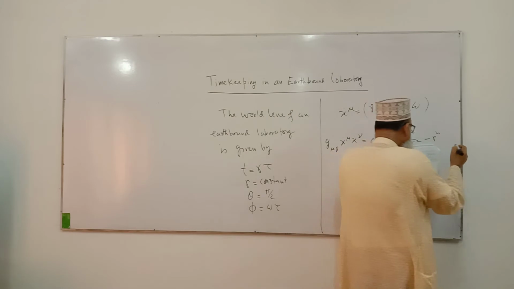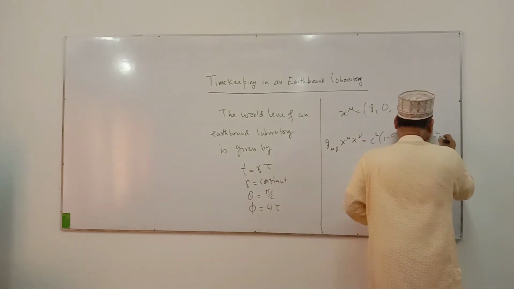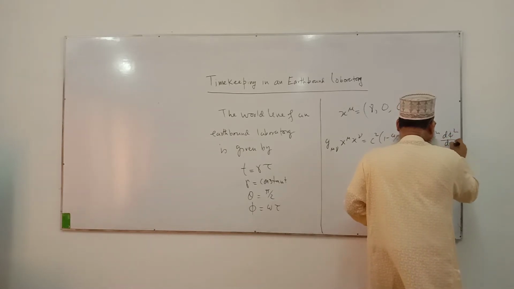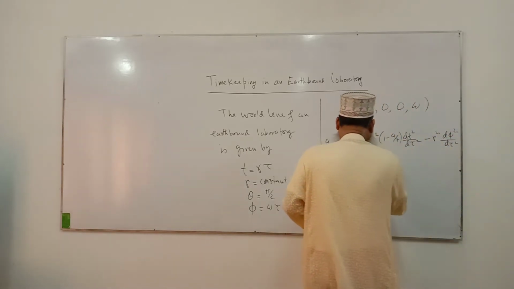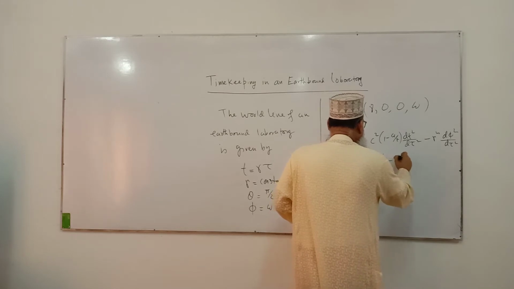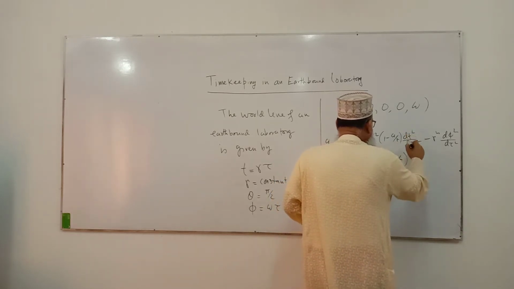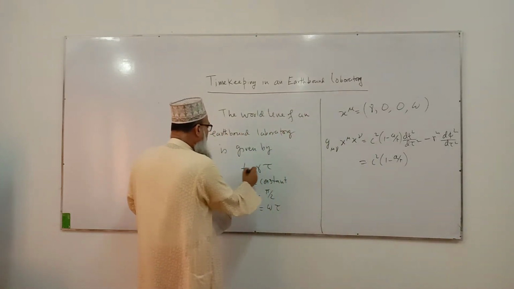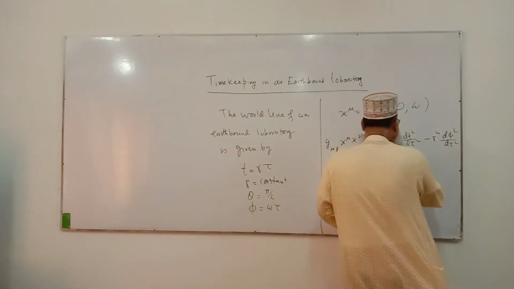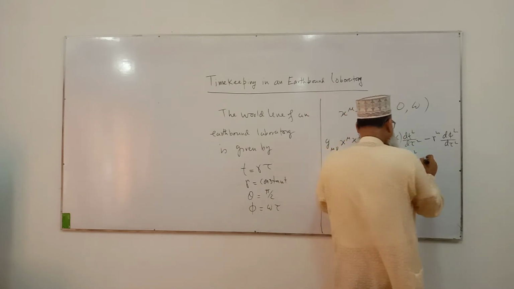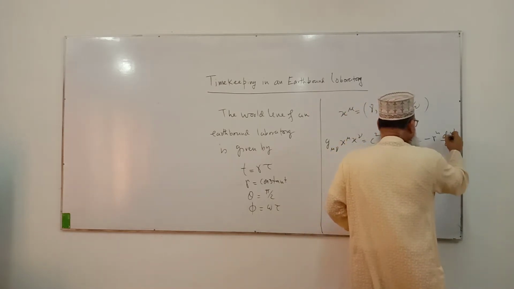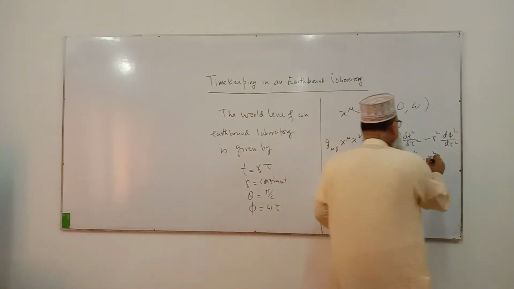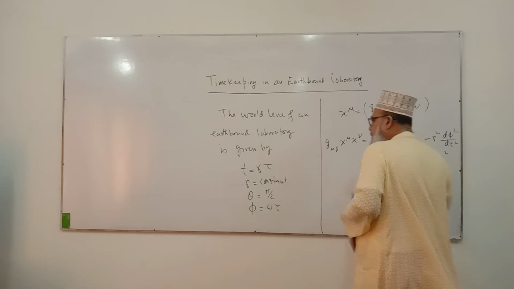So what remains is d phi square by d tau square, which can be written as c square times 1 minus a by r times dt by d tau, which is gamma, so you will get gamma square, minus r square times d phi by d tau, which is omega, so r square omega square. This is one equation.